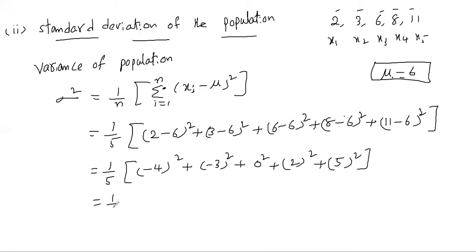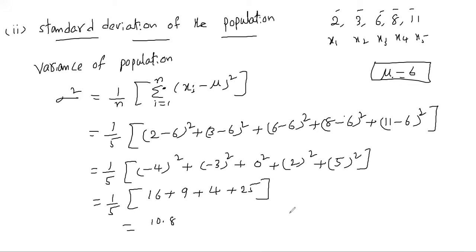So 1 by 5 into minus 4 whole square 16, minus 3 whole square 9, plus 4 plus 25. When you do the sum in the calculator and divide it by 5, you got 10.8.